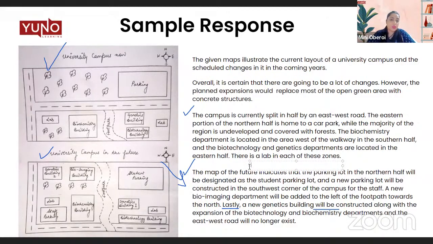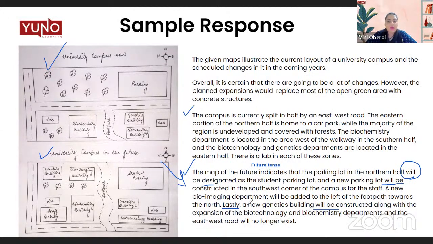So the second visual input, or should I say the fourth paragraph, according to the visual input, must have future tense. Let's check this. The map of the future indicates that the parking lot in the northern half will be designated as the student parking lot, and a new parking lot will be constructed in the northern corner of the campus for the staff.